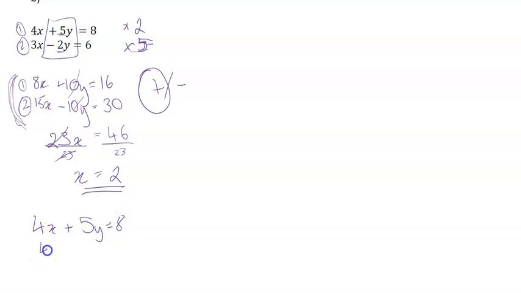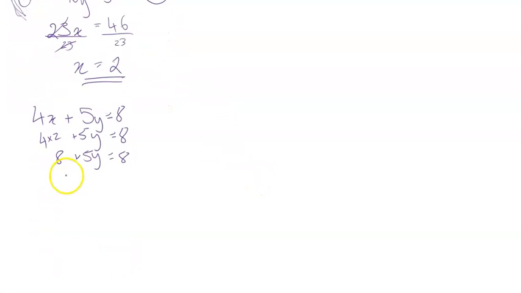Substitute it in. So 4 times 2 plus 5y equals 8. 8 plus 5y equals 8. So if I subtract that 8, 5y equals 0. Well, if I divide, it's still going to equal 0.